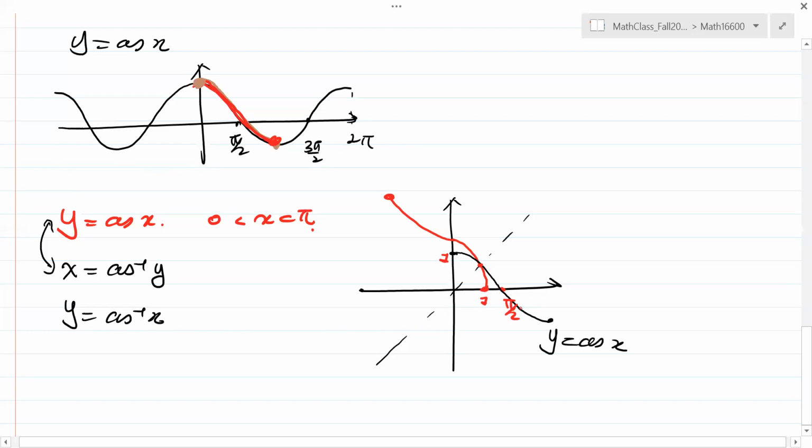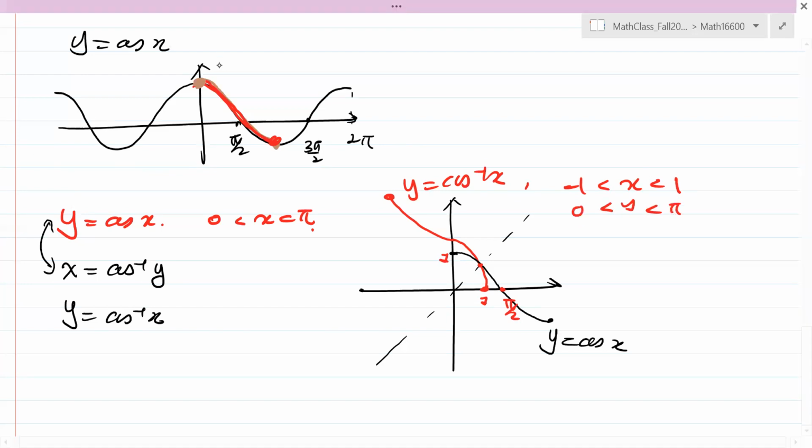Okay, so this is the graph y equals arccosine x. So what is the domain for the inverse function? The domain for the inverse function, x, is still between -1 and +1, right? And the y value is between 0 and pi.